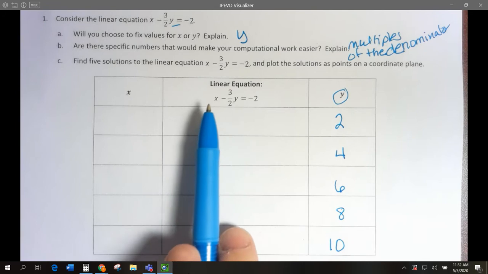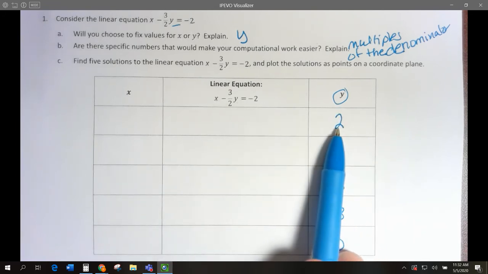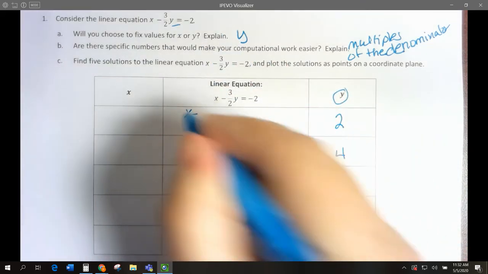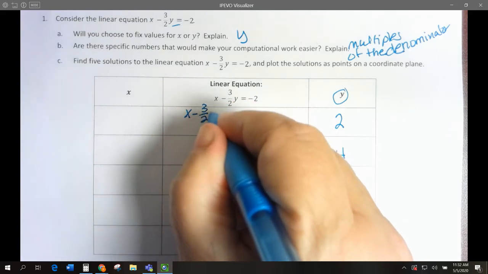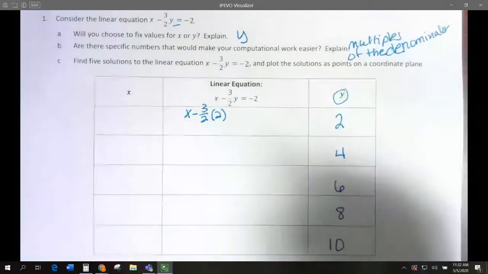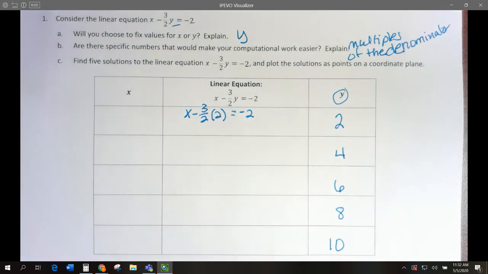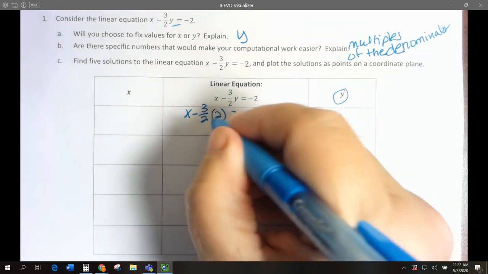So here's our equation. We want to replace y with 2. So let's do that. x minus 3/2 times 2 equals negative 2. Now this is multiplication, right?